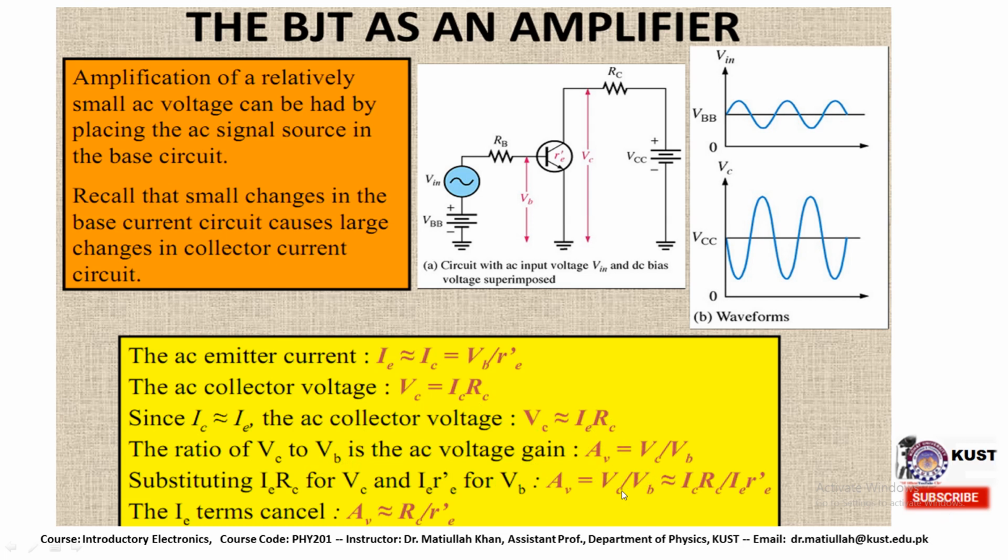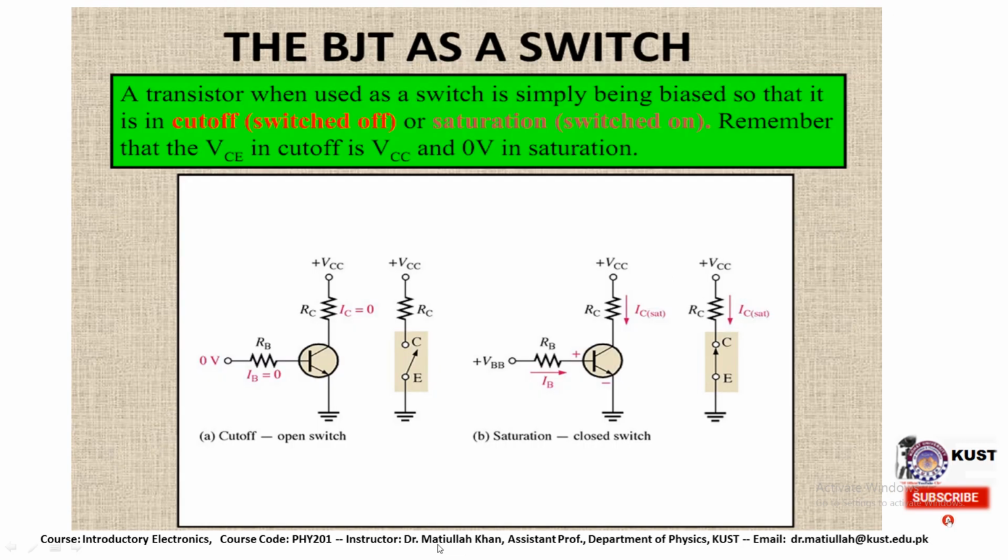And when we put the value of Ie Rc for Vc, we can get the amplification term, that is Av is equal to Vc divided by Vb, and that is almost equal to this value. So in this particular case, the term Ie cancels, and what we get is Av is almost equal to Rc divided by Re. So this is the use of BJT as an amplifier.